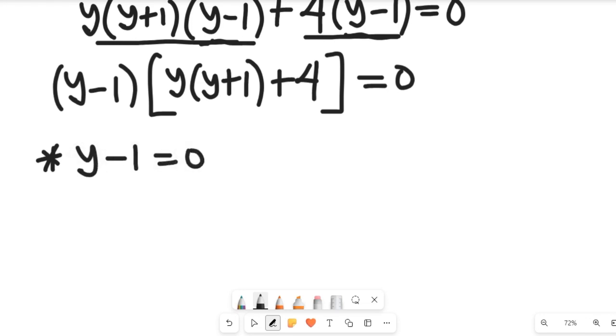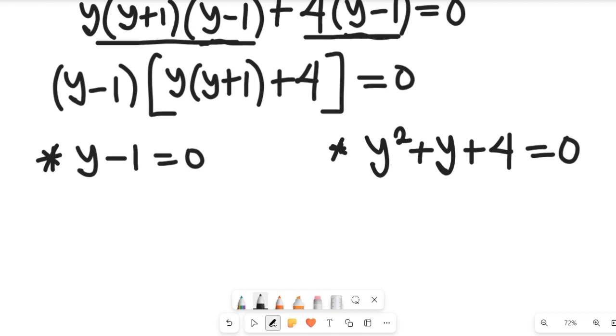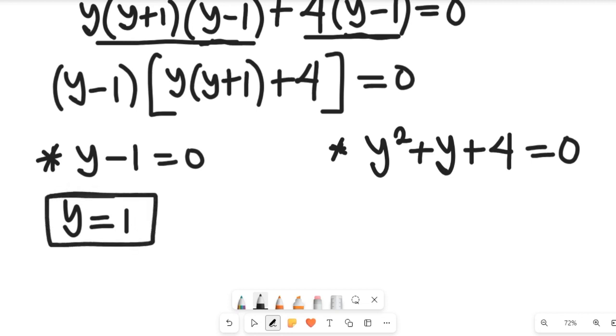equal to 0. And in the second case, y squared plus y plus 4 will be equal to 0. If we simplify the first, this will simply make y equal to 1, which is the first solution to the value of that radical addition.